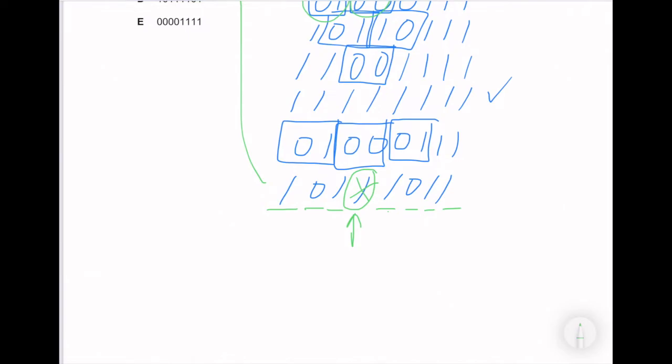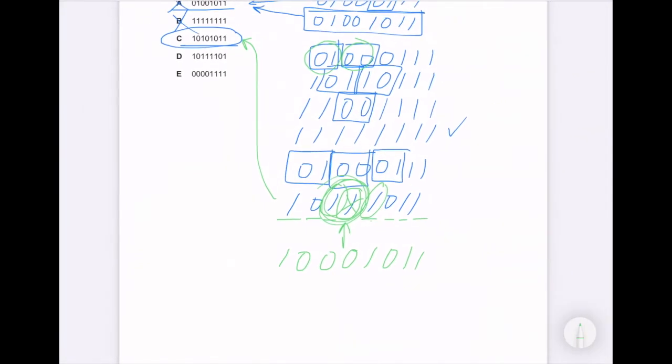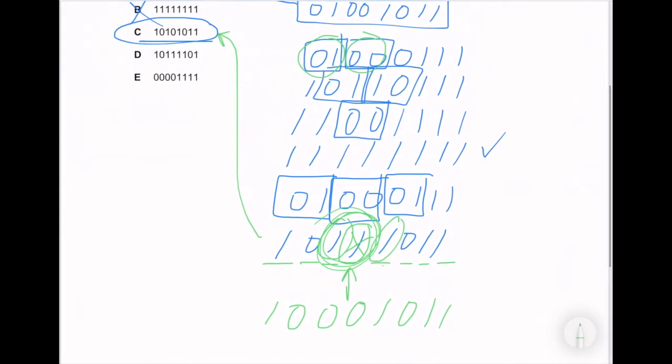To do that, you'd have to flip either this number or this number, and then you'd end up flipping it. Say you flip these two numbers. Then you get 1 0 0 0 1 0 1 1. And now you suddenly have this 0 here incorrect.